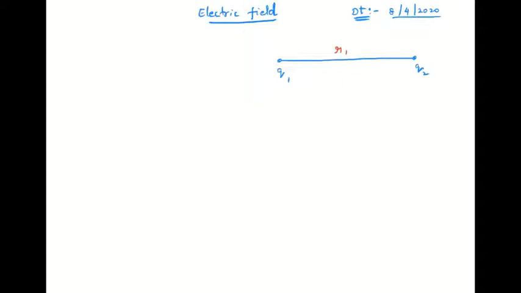Now the same charge Q2 is placed at R2. Does it experience the same force? No. Here also it will be different. It will not experience the same magnitude of force. The magnitude of force is not the same for charges placed at various points. That means the field is non-uniform.